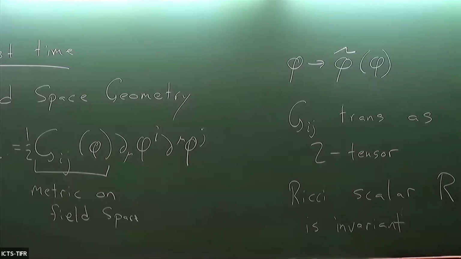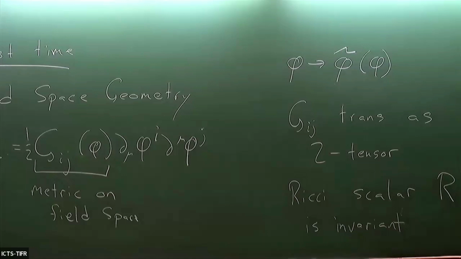And as you've been learning since the beginning of this school, EFT is all about doing a systematic expansion order by order in operators, which of course include higher derivatives. And as we talked about two lectures ago now, right? This idea that S matrix elements are invariant under field redefinitions covers a much broader class than just this set.